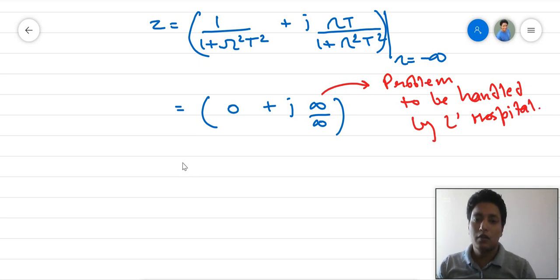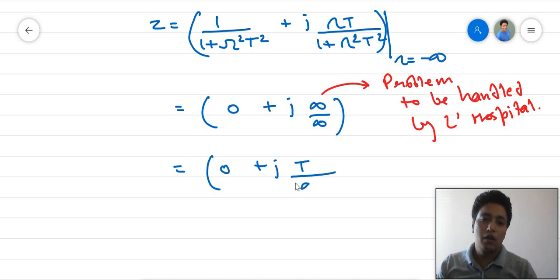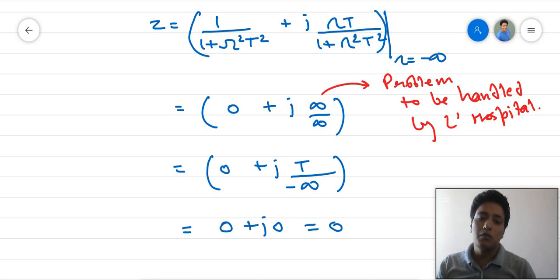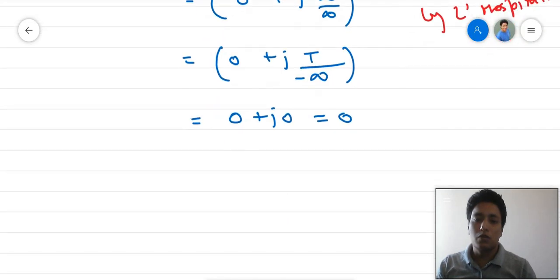Then it will be equal to 0 plus j T over infinity, that is minus infinity, and this relation will be 0 plus j0, which equals 0. So z at omega equal to minus infinity is equal to 0.